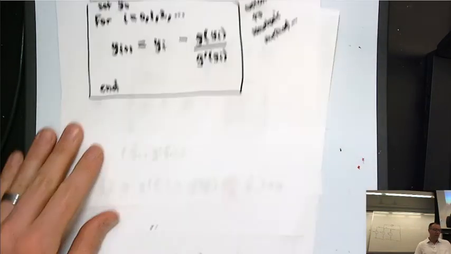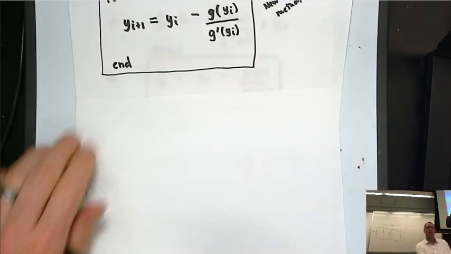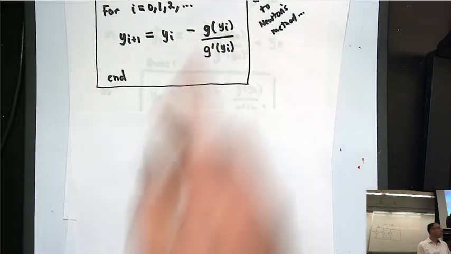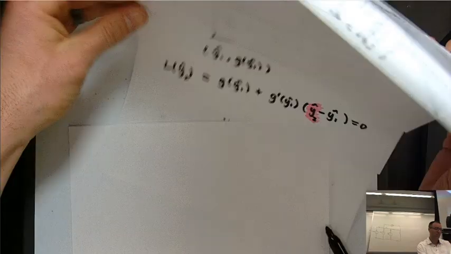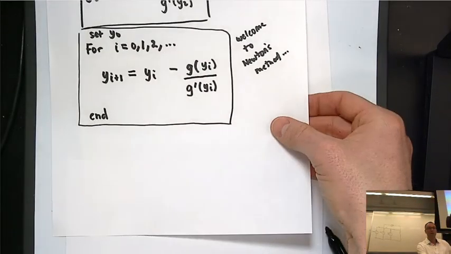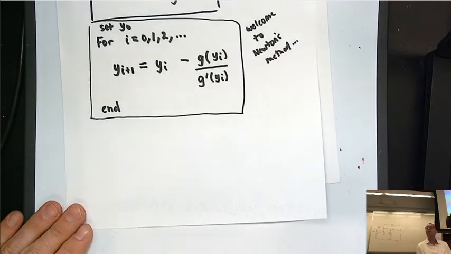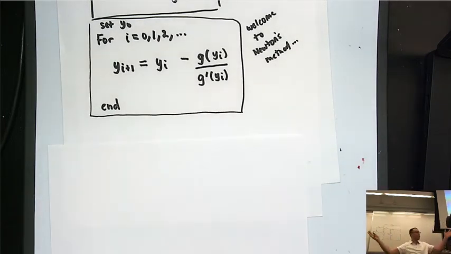Okay. So let me ask you this. This g, is it general or specific? So that's the algorithm we're going to try to represent. But what was the specific one? Are we trying to do this for any root, or do we have a specific root in mind? Which root? Square root, the second root, right?